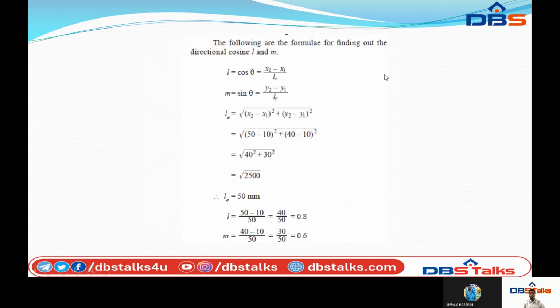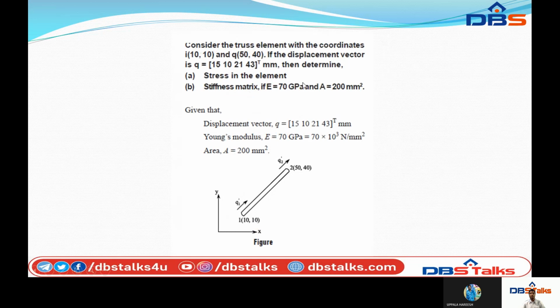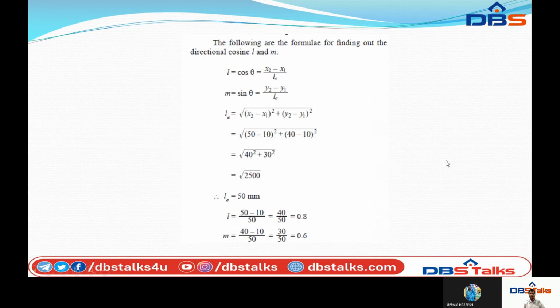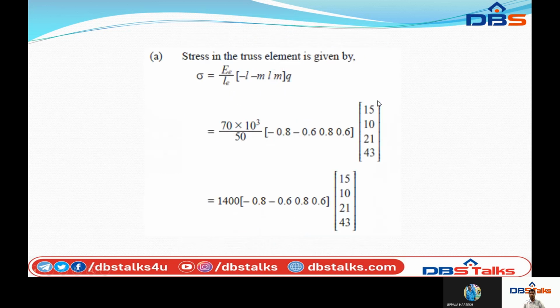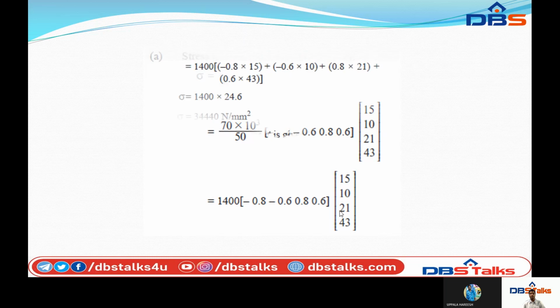In the first problem they have given Q equal to 15, 10, 21, 43 transpose. They gave it in horizontal form, I am transposing it into a vertical element. Then the total will be 1400 times [minus 0.8, minus 0.6, 0.8, 0.6] times [15, 10, 21, 43].